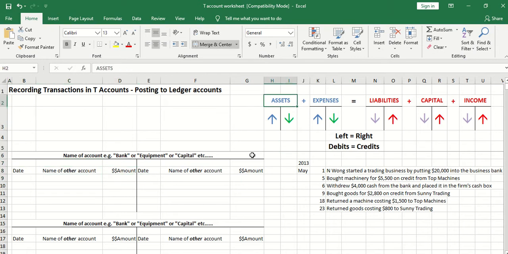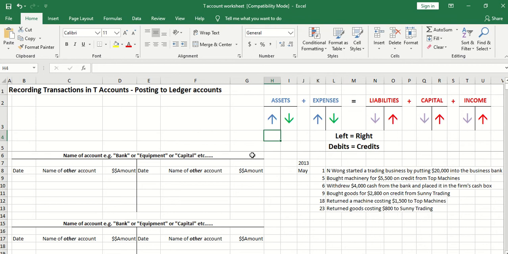We've already learned, as I've illustrated over here, the accounting equation. Assets plus expenses equals liabilities plus capital plus income. And what I've done here is you can see that I've put a T under assets, a T under expenses, a T under liabilities, and so on. And then there are various arrows.